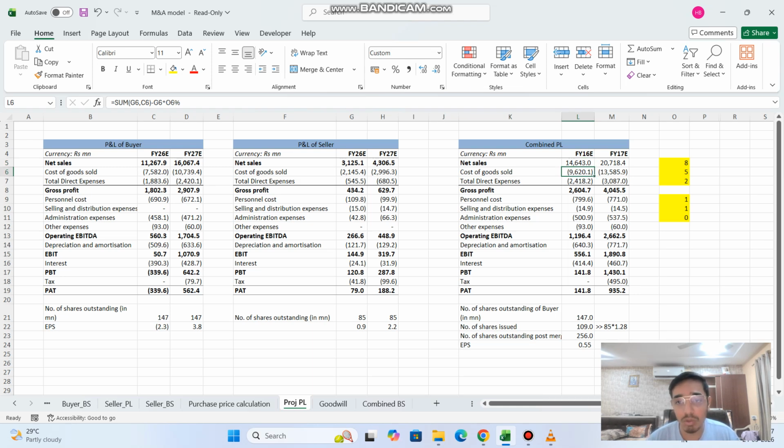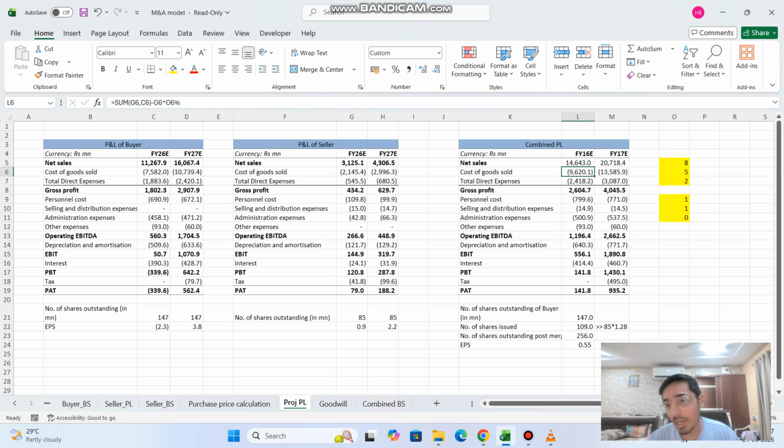Similarly, for cost of goods sold, if the combined cost of both the entities also increased by 8%, then there is no use of buying another entity, right? So I've assumed that the cost of goods sold only increased by 5% overall. So there is some rationale behind buying this new company.